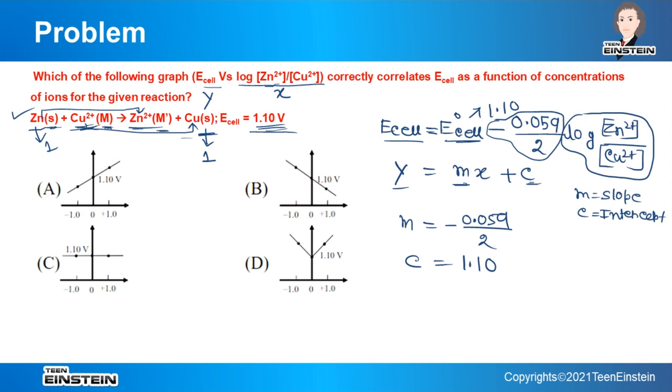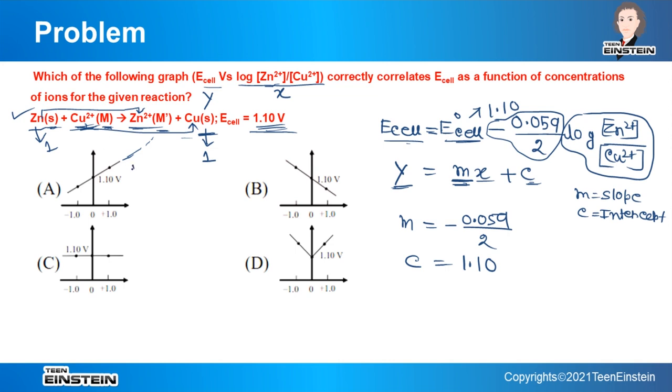Okay. Now if you look at the options, in the first option here, the slope is positive, okay. How will we understand whether the slope is positive or negative? Here you can see that for y versus x, if m is negative, that means when the value of y increases, x will decrease, because there is a negative sign. In that type of relation, we say that slope is negative. But if it is proportional, that is when x is increasing, y is also increasing, in that case it will be positive slope.